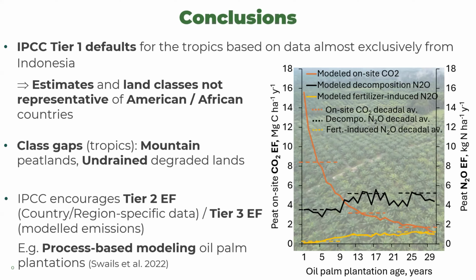In this figure, we have the modeling of peat CO2 and nitrous oxide emissions. We have the orange curve for CO2 and the other two curves for nitrous oxide. One is nitrous oxide from decomposition of the peat, and the other is from nitrogen application.